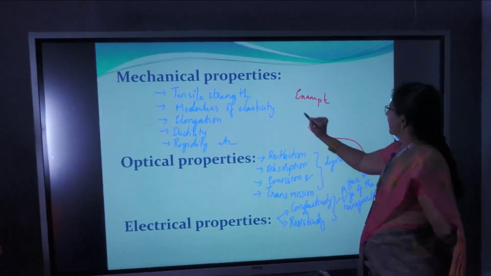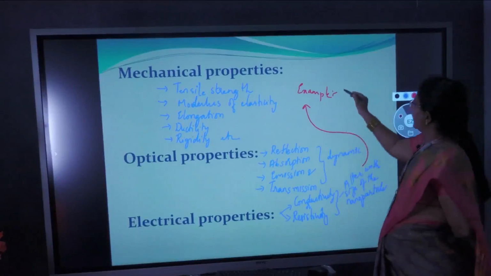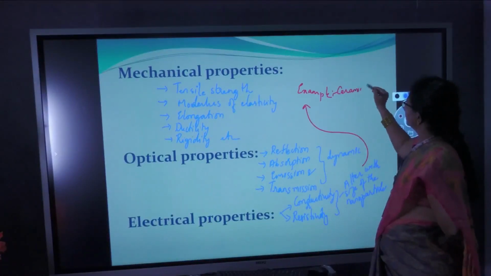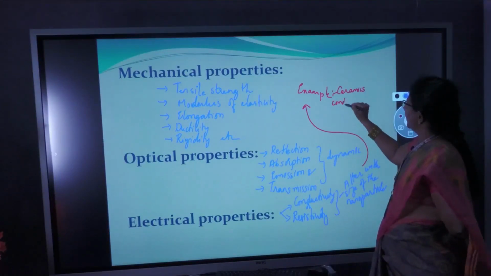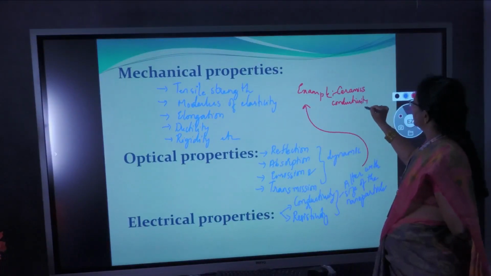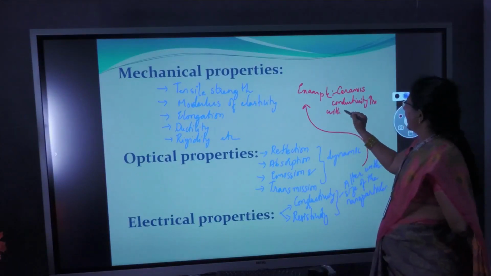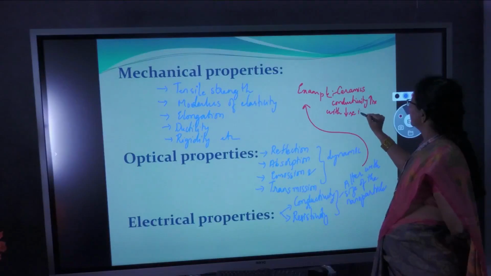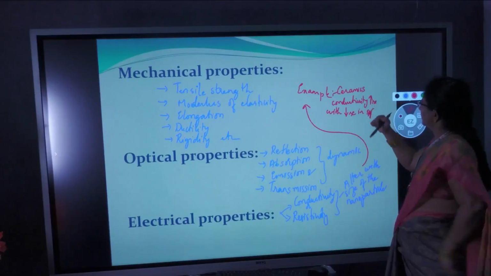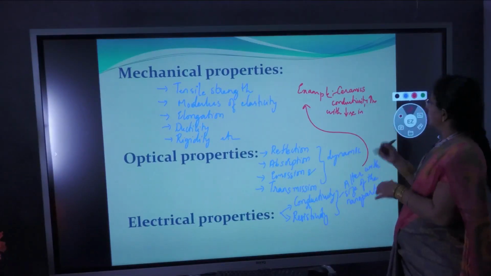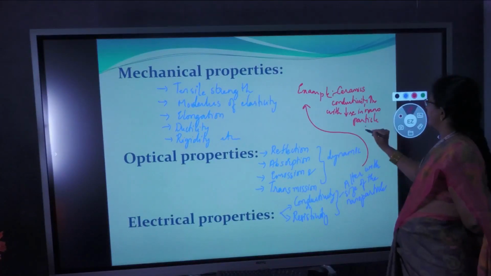For this I am telling you an example. If you take a ceramic material, its conductivity will increase with a decrease in nanoparticle size.